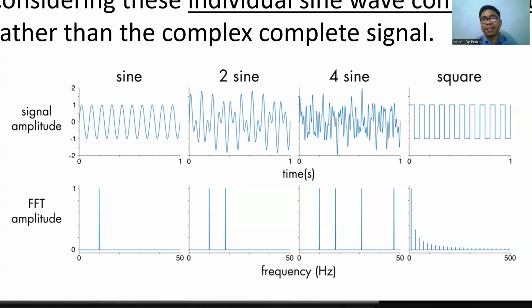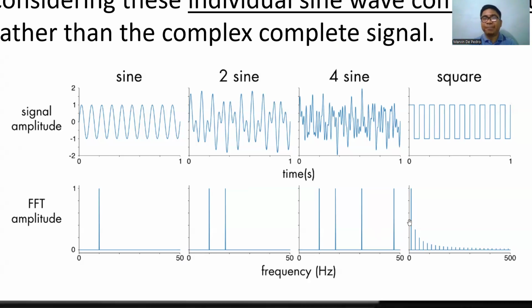While if we combine two pure sinusoidal signals, as you can see, you get two pulses in the spectrum with different frequencies. If we have four sinusoidal signals, we can have something like this, and then we get this much.